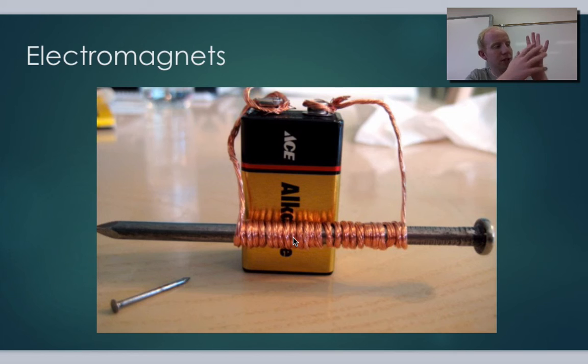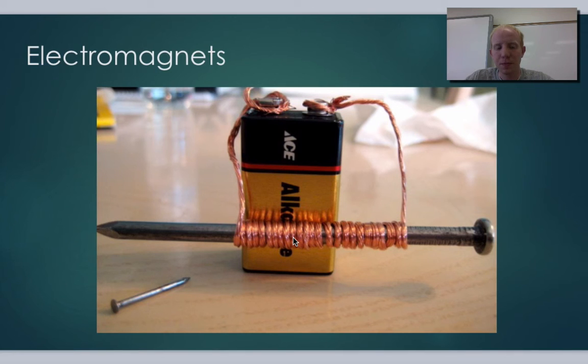The gate shuts, you can't open it because there's a magnetic field holding it closed, and as soon as the ride's over, the electricity stops flowing, the gate can open freely, and guests can go through. So it's a really cool invention. It's revolutionized the world in a lot of ways, but we won't see all the ways until, again, that next unit on electromagnetism.